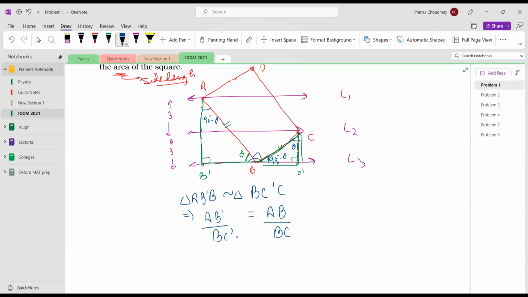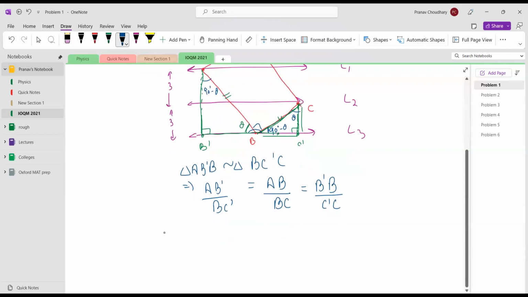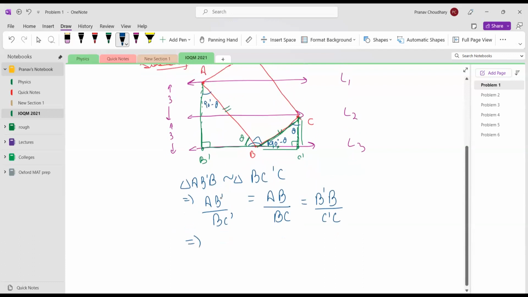This should be AB dash B similar to BC dash C, okay, this looks correct. And this should equal B dash B over C dash C. Now let's put in the lengths we know.